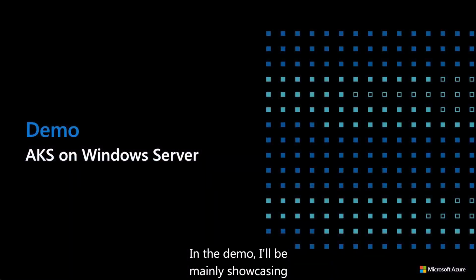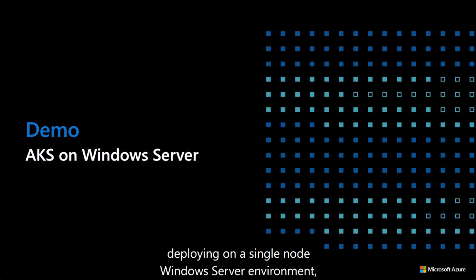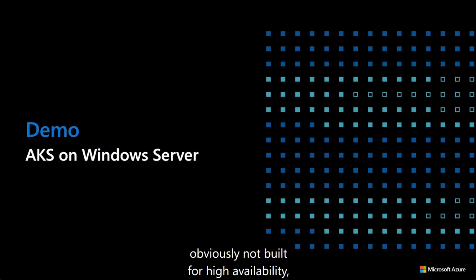In the demo, I'll be mainly showcasing deploying on a single node Windows Server environment. Obviously not built for high availability, but still works in certain cases. Now I'll be transitioning into the demo section.